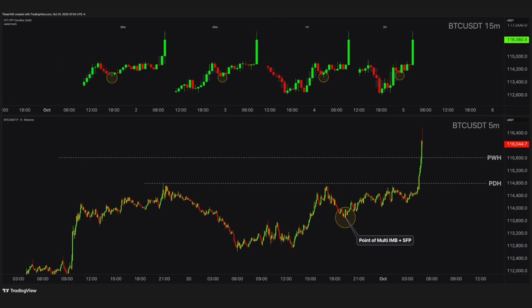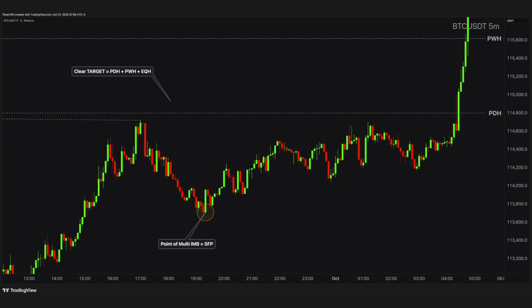Right above the previous day's high, we also have the previous week's high line, a price level just sitting there, ready to be taken out. On top of that, you can also spot these equal highs that formed perfectly in this area. So now we have three different targets lining up together in a single price level: PDH, PWH, and those clear equal highs. Altogether, we have extremely clear targets here.